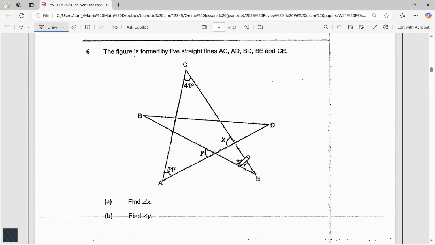Question 6. Okay, this figure is formed by 5 straight lines AC, AD, BD, BE, and CE. Find angle X. Now, if you take a look at angle X, it's actually one of the angles within a triangle. And the triangle we're looking at is over here.